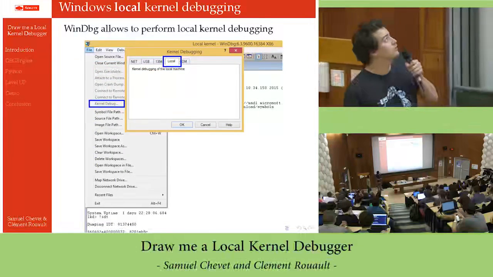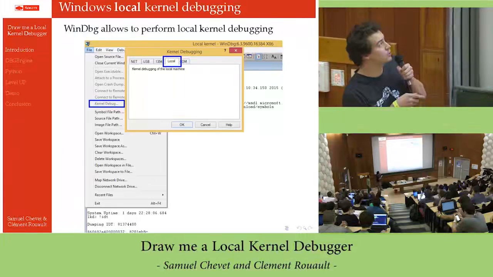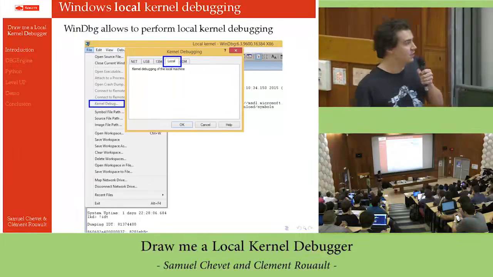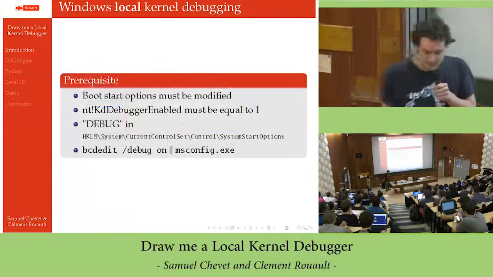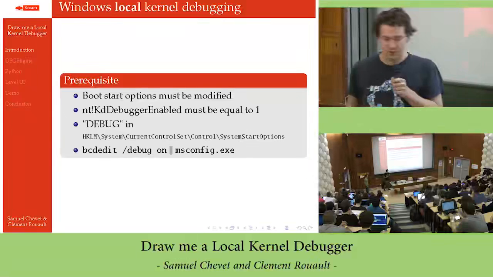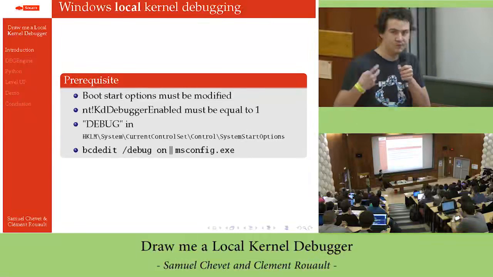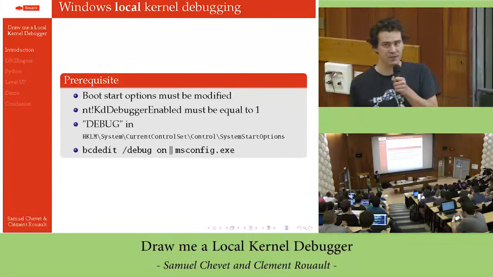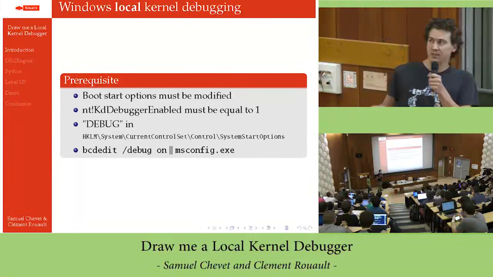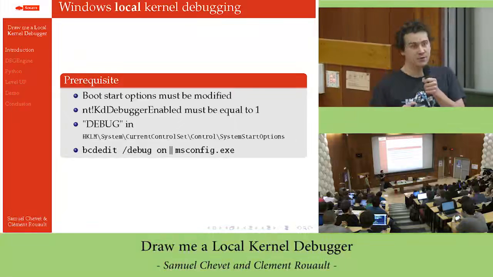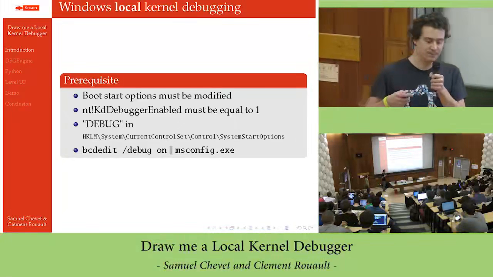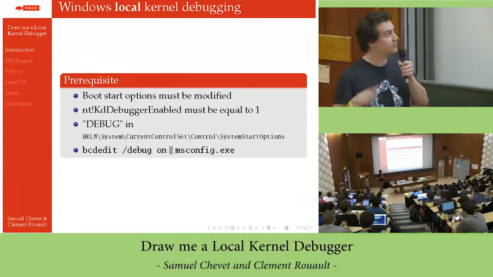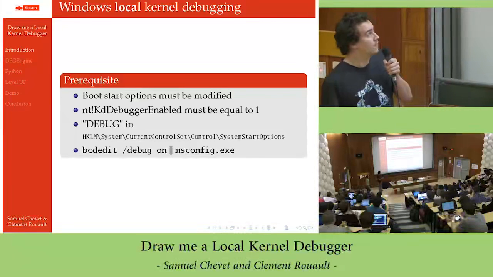Microsoft Windows offers a tool called WinDBG, and it has an option to debug your kernel locally. As a prerequisite, you will have to modify the boot start option. Of course, you have to be administrator of your machine, and if you modify the boot option and you use Secure Boot or BitLocker, you will be alerted that you have modified the boot option.